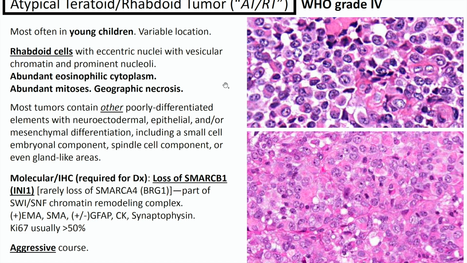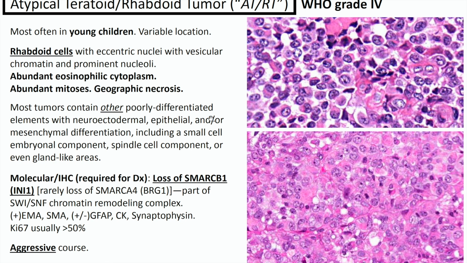So for molecular or IHC, which is required for diagnosis of an atypical teratoid rhabdoid tumor, you're going to have loss of SMARCB1 or INI1, which is part of the SWI/SNF chromatin remodeling complex. And then on IHC, these are going to stain positive for EMA, SMA, plus or minus for GFAP, cytokeratins, and synaptophysin.